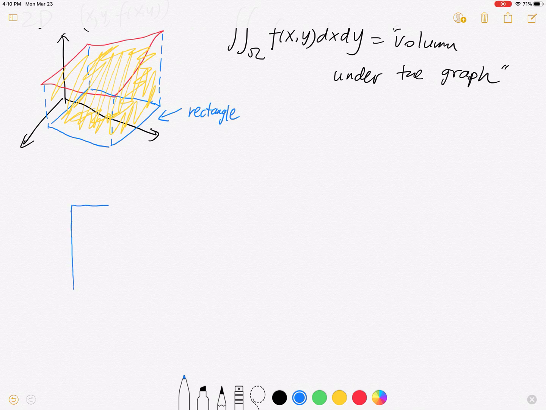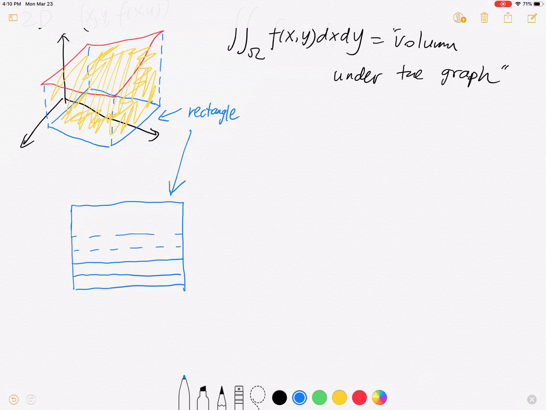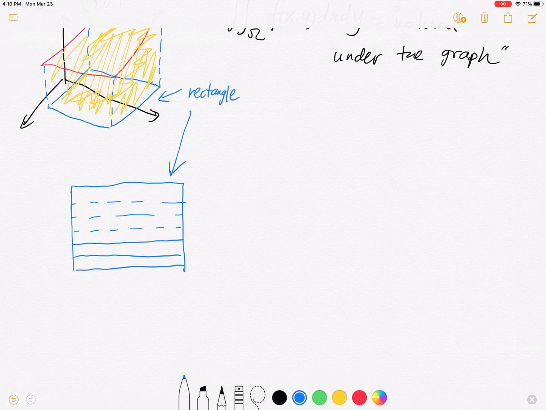So first look at the base, which is a rectangle, and to compute it, we just cut it into smaller pieces. But here, instead of cutting along one side, you need to cut along two sides.